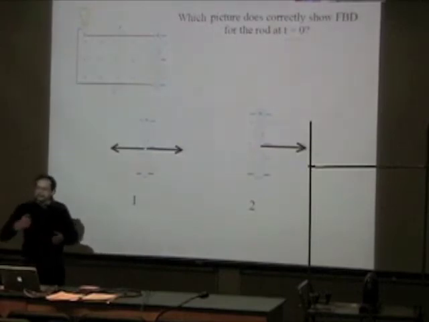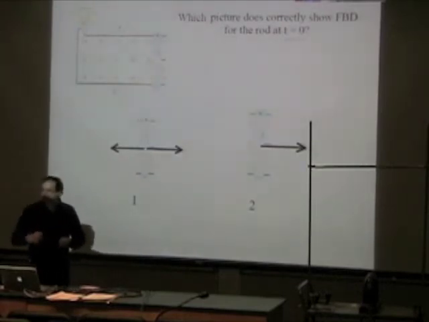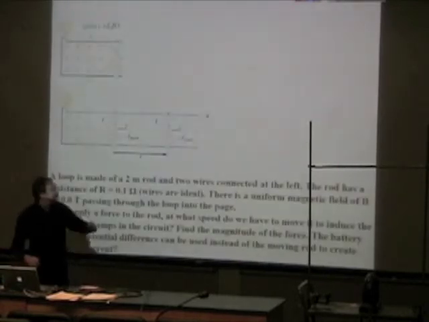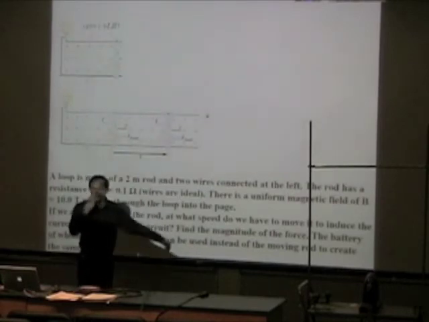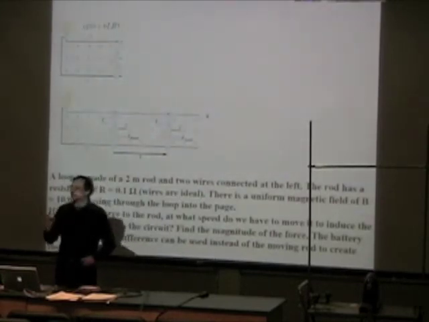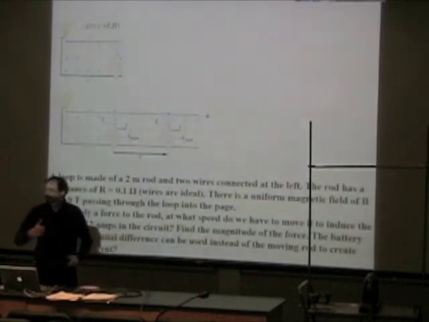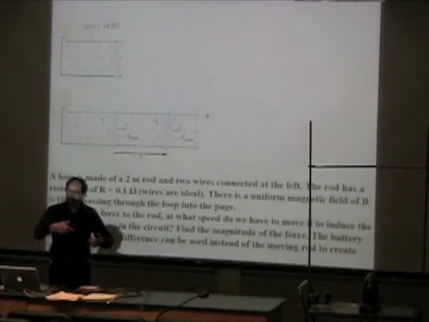So at t equals 0, when we just start our motion, only the hand is acting on the rod. And at a slightly later time, when we keep it moving, two forces are now acting. One from our hand, and second, from the magnetic field acting on the current in that rod.